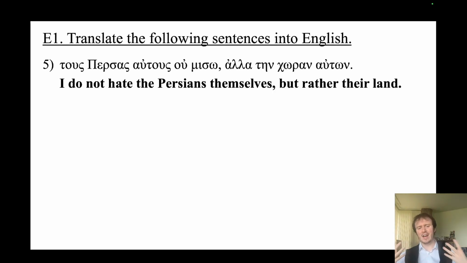Anyway, here we had αὐτος being used twice. The first time, it was being used in the first way, agreeing with tous persas, but without being deployed in the sandwich construction or the repeated article construction.